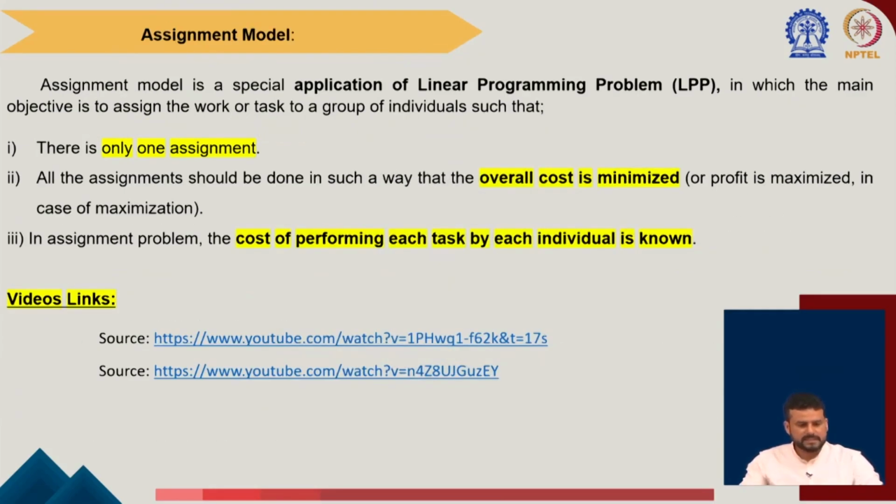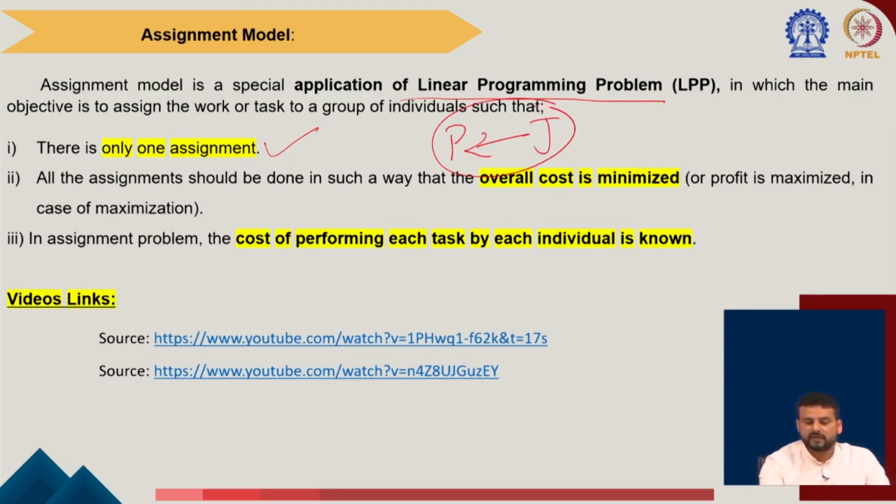This is the assignment model. Because this is the operation research part taken from linear programming, we will try to convert this overall problem into an LPP problem. Here only one assignment is done, that means one person will be assigned only one job. We cannot assign two jobs to one person. Similar is the case with other resources as well.